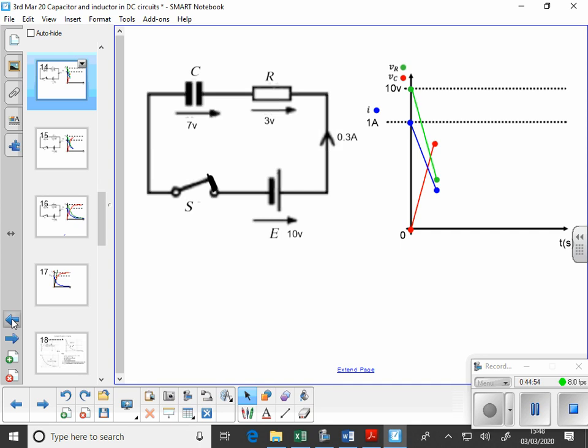I've just estimated where I put the dot. Your capacitor voltage has risen from 0 to 7 volts, and your resistor voltage has dropped from 10 to 3 volts, all in the same amount of time.